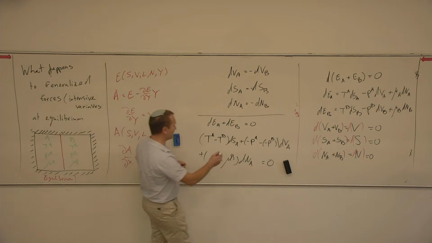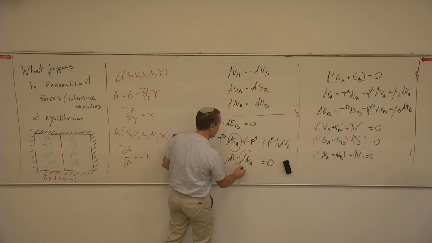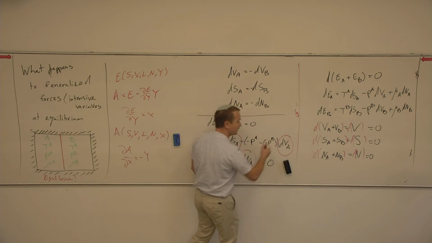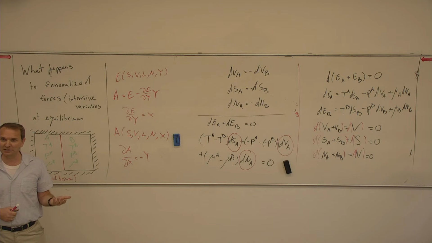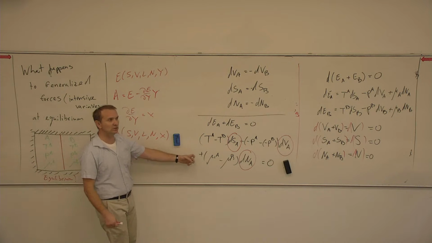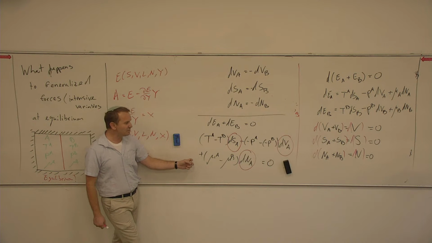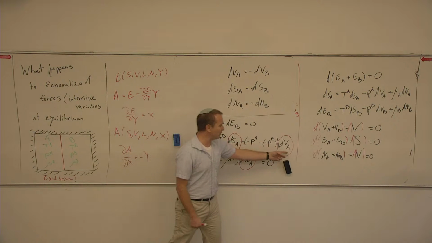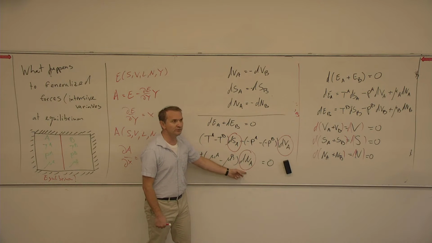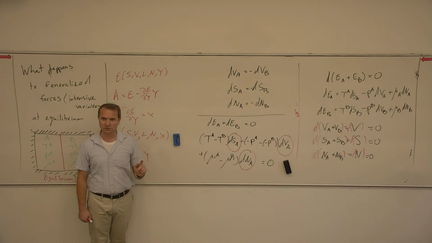Those dSA, dNA and dVA are free variables. They can be positive, they can be negative, they can be whatever you like. Okay? But this condition still holds. So it doesn't matter what the value of dSA is, what the value of dVA is, what the value of dNA is, the condition holds. Right?